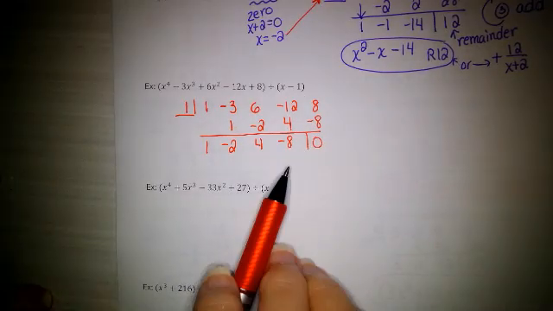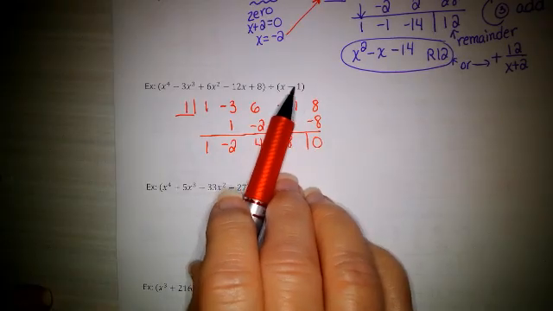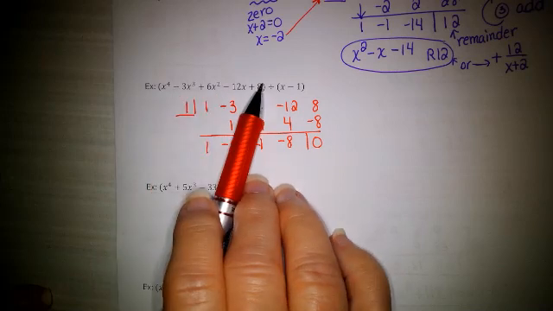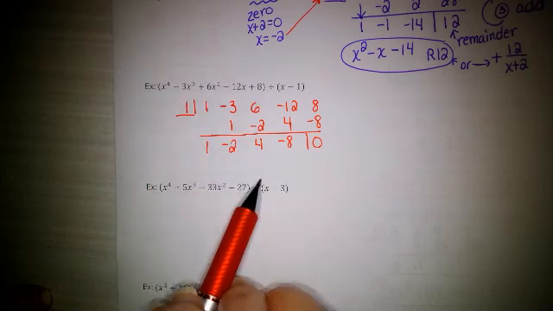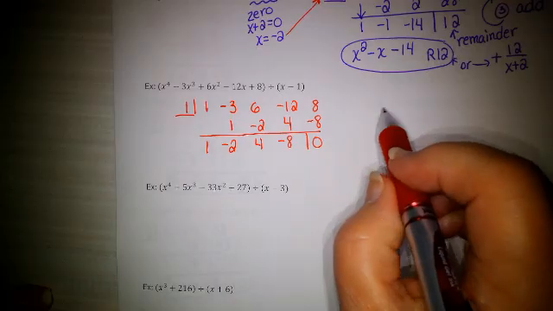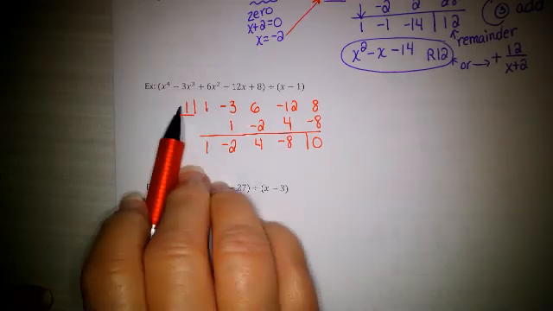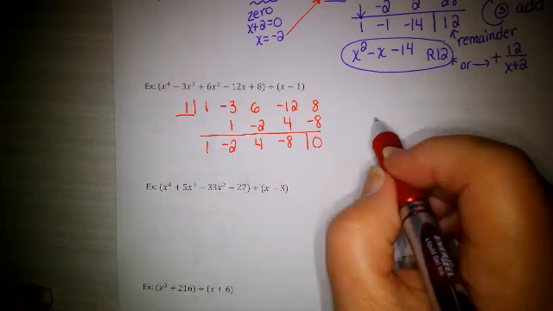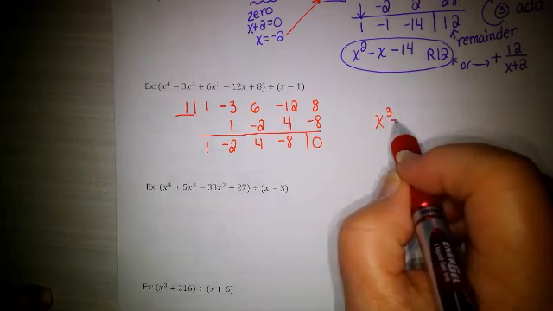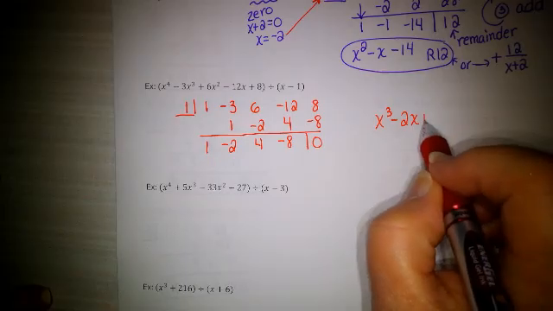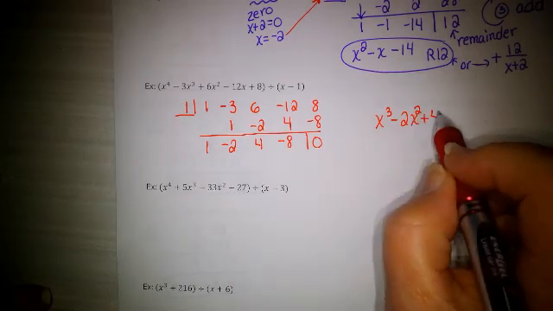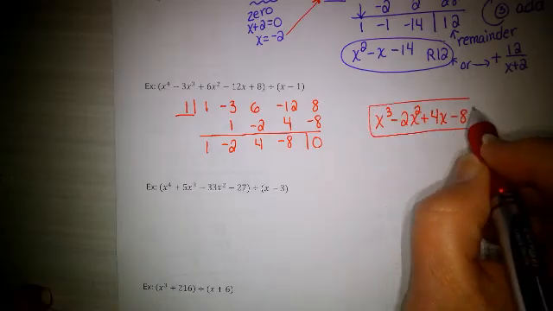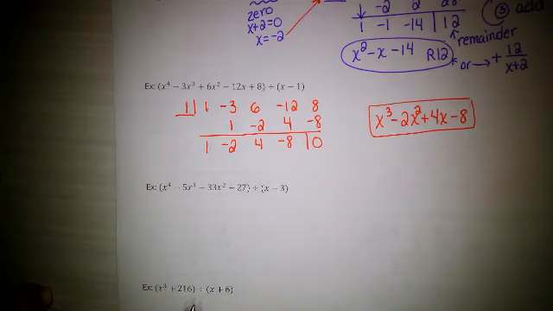Oh, looky there. There's no remainder. So x minus 1 is actually a factor of this polynomial. Interesting. So my solution, my quotient, I always start 1 power lower. So x to the 4th, this is going to start with x to the 3rd. X to the 3rd minus 2x squared plus 4x minus 8. That would be my answer.